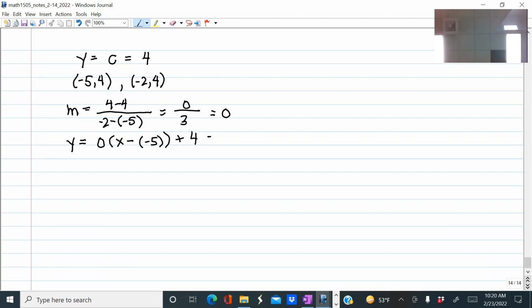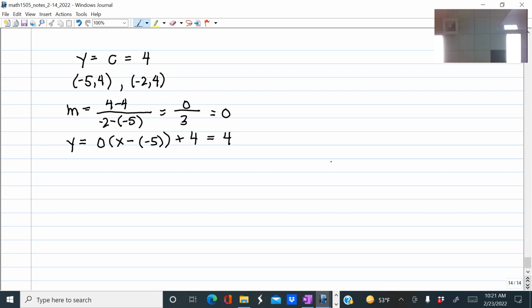Well, look what happens here. Since the slope is 0, and you multiply this set of parentheses by 0, you get 0. And all that just boils down to what we started with before, which is y equals 4. So there's two ways of seeing that the equation for that first part is y equals 4.